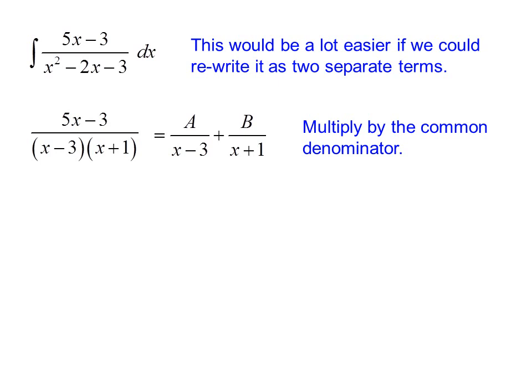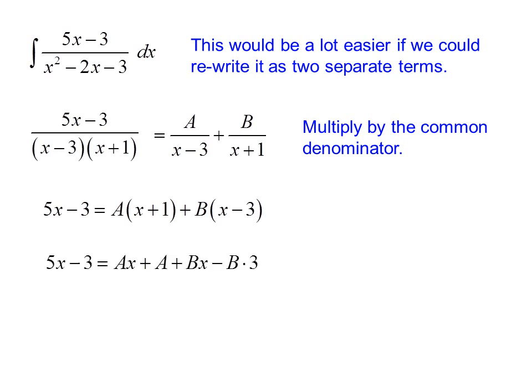Multiply by the common denominator. Now we've cleared the fractions. Clear the parentheses. And then set like terms equal to each other.